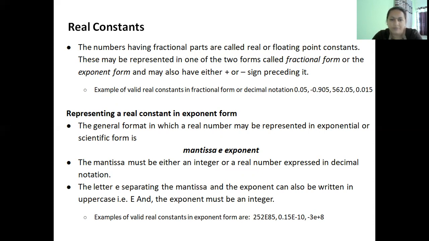So this e is part of the syntax. The first part, which is the mantissa part, can be a whole number or even a real number. And the digit which appears after E indicates the number of digits which come after the decimal point.